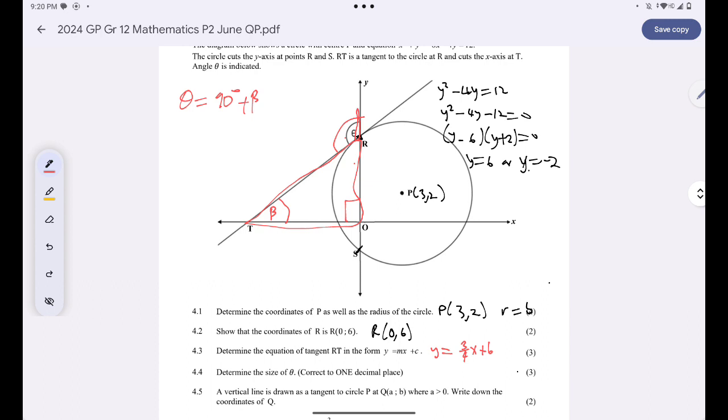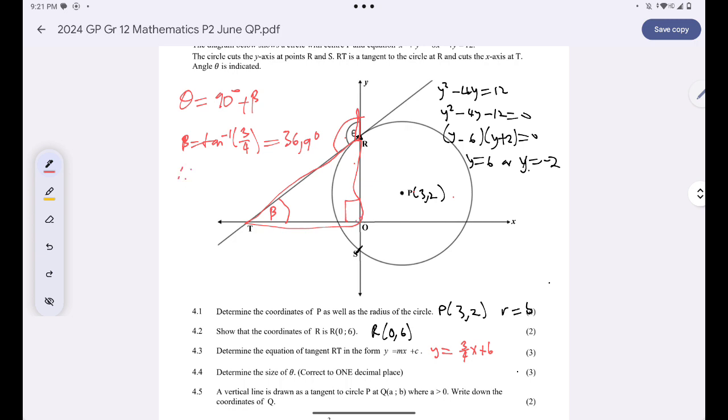So how can I find beta? I can find beta by simply saying beta is equal to the inverse tan of 3 over 4, right? Inverse of tan of 3 over 4, I get 36 point, how many decimals? Oh, 36.9 degrees, right?